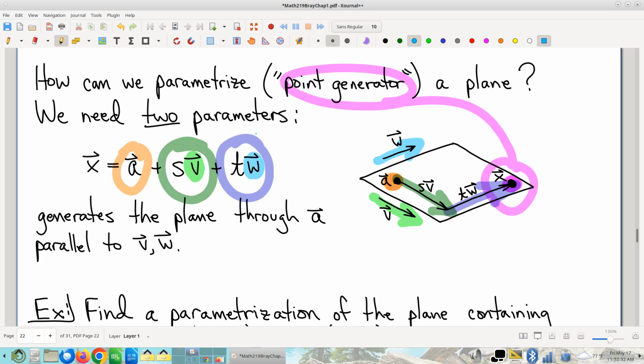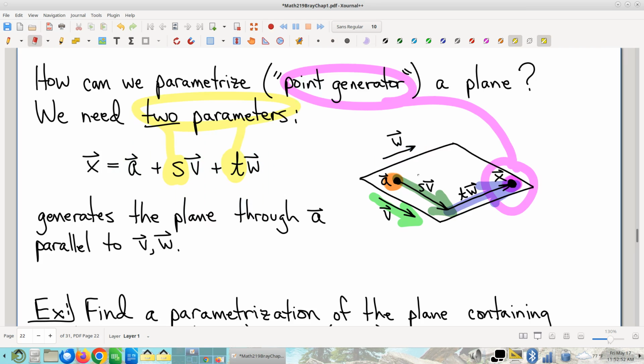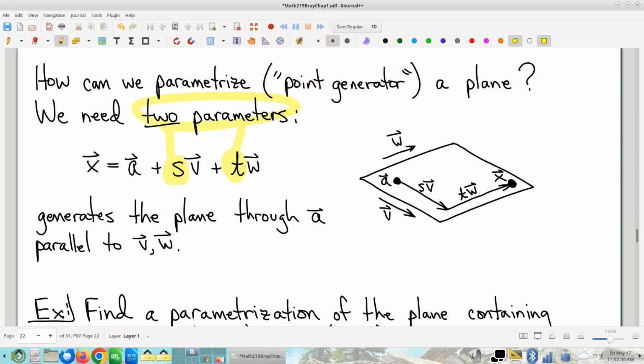So now, of course, in that exercise, you have to restrict the values of S and T, and you think that through. But anyway, the point is this parameterizes the entire plane, but it does so, you'll notice, with two parameters required. I need both S and T to be able to make this work because I need to be able to control how far I'm moving in each of the directions.